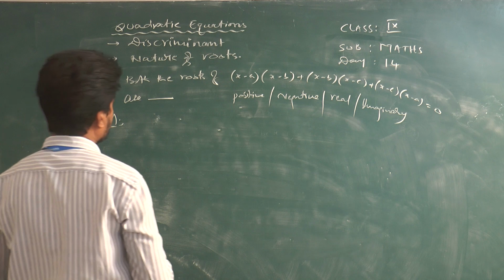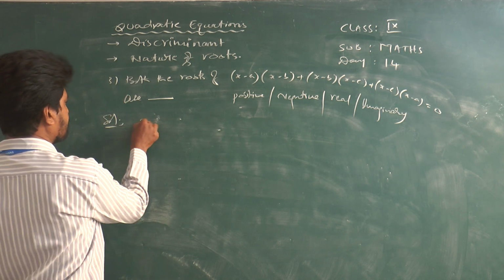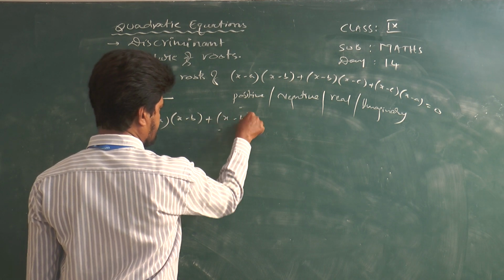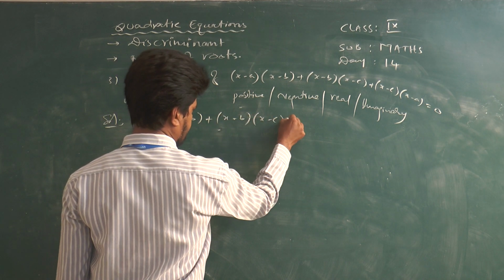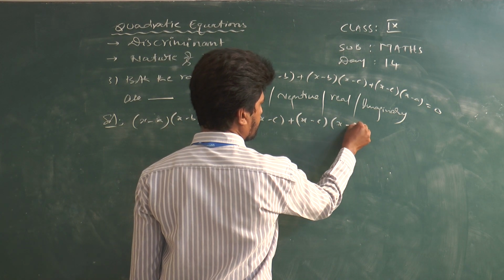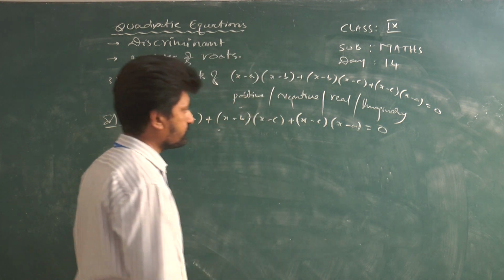See the solution. The given quadratic equation is (x minus a)(x minus b) plus (x minus b)(x minus c) plus (x minus c)(x minus a) is equal to 0.